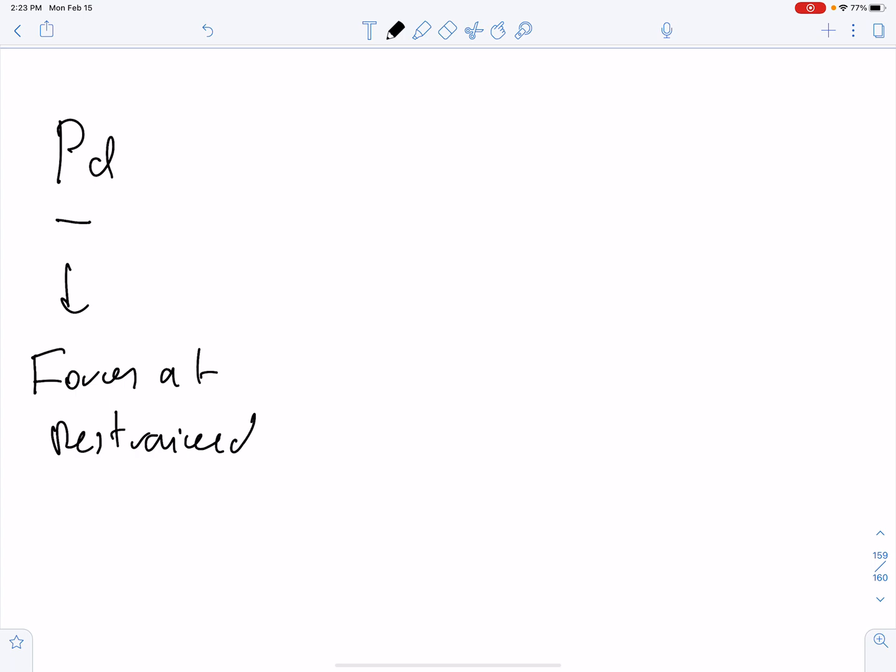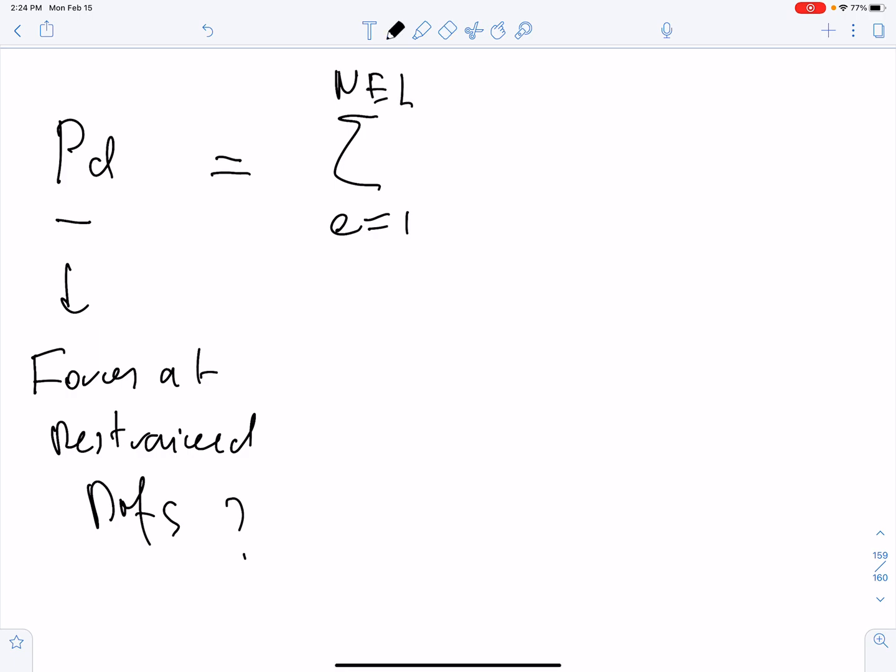So how about PD, forces at restrained DOFs? All right. So remember that those were computed like this: sum over E equals 1 to NEL of A, BD E transpose, times FE.